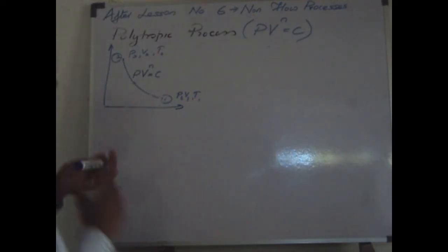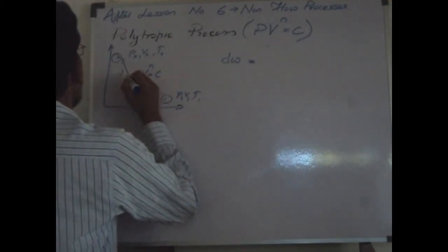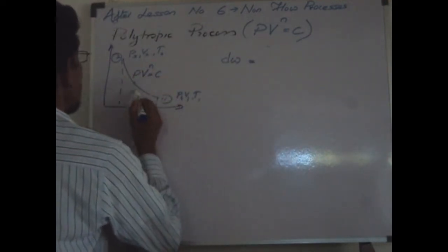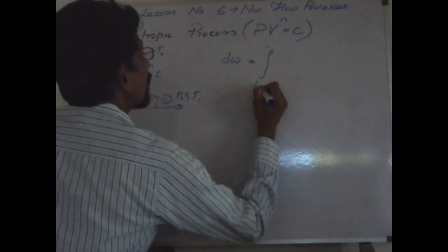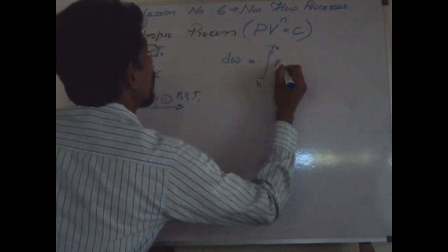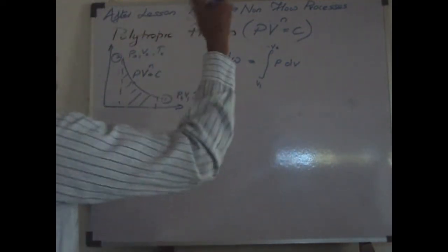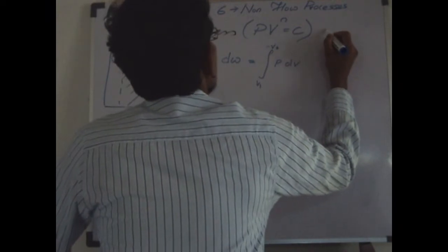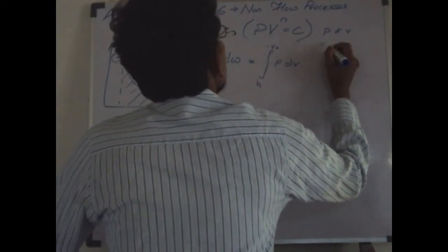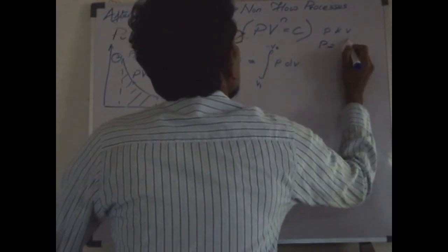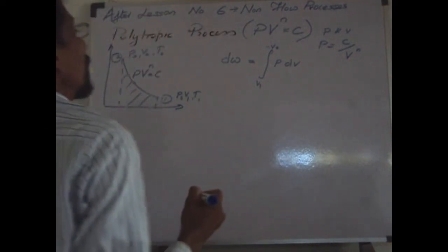First, dW, work done. As you know, the work done is the area under the PV diagram, that means the integral from V1 to V2 of P dV. You know the relationship between P and V: P is equal to constant over V to the power n.